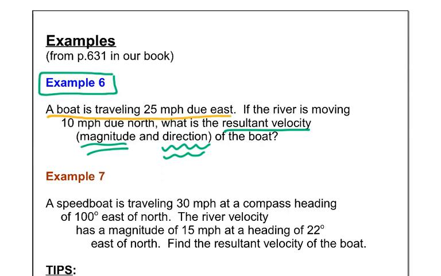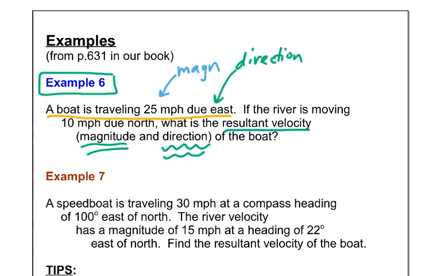All right. So we're going to put that into component form. Notice what it gives you. It gives you a speed, which can be our magnitude. Magnitude is often velocity, or it could be actual distance, but that's going to be your magnitude. And then we're given a direction, due east. Now, if we talk about our normal unit circle, what degree is due east?